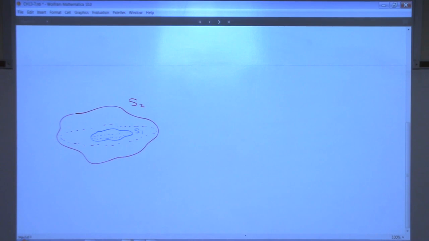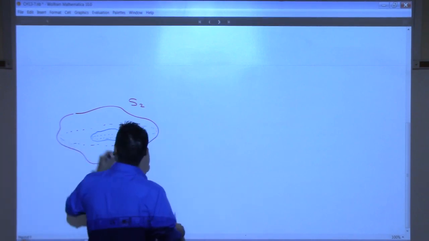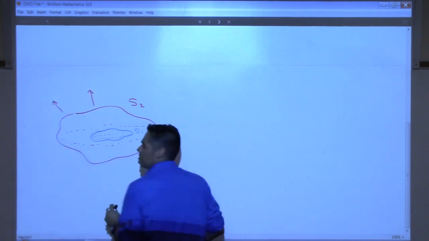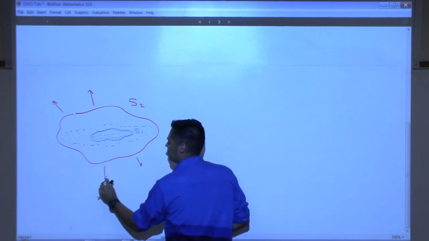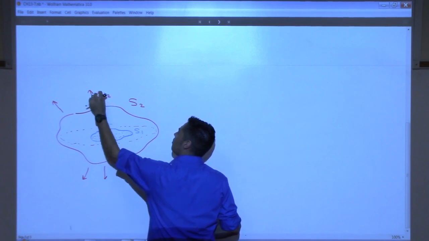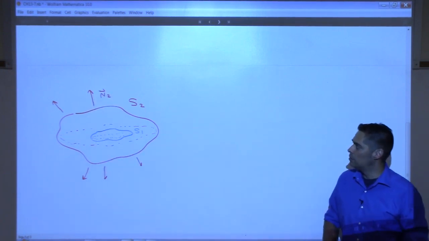all right, so you see the picture? Now, the normal vectors on S2 point outward, like this, away from the solid. That's our standard orientation of the normal vectors of S2. I'm going to call these n sub 2 to stand for the normal vectors for surface 2.